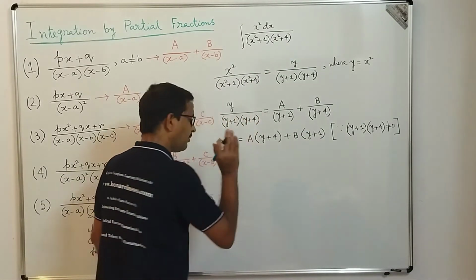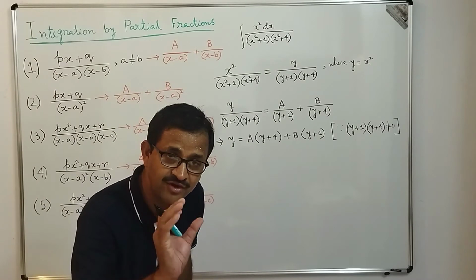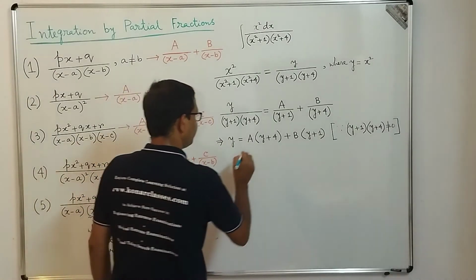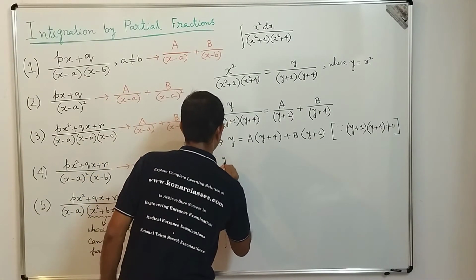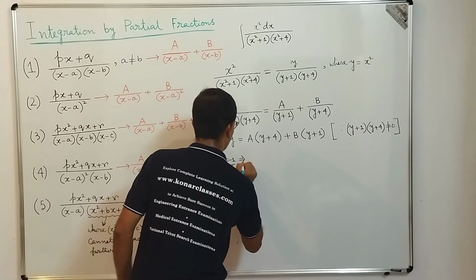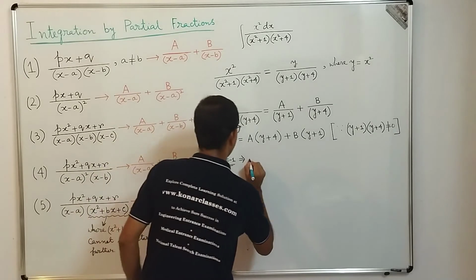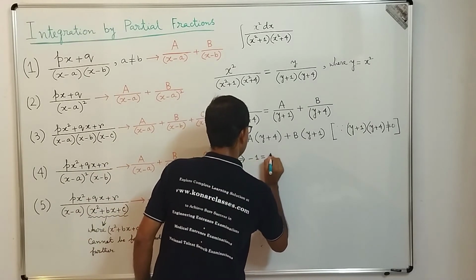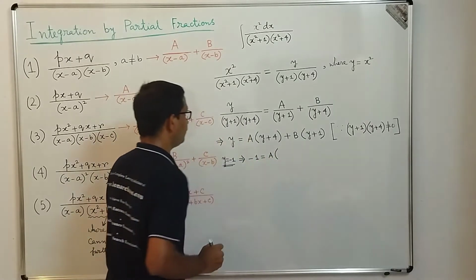So now our target is to find the value of capital A and capital B. For that, what should we do? First, we should apply the value of y equal to minus 1 on both sides of this identity. What are we going to get? Left hand side will be minus 1 is equal to A into (y plus 4).